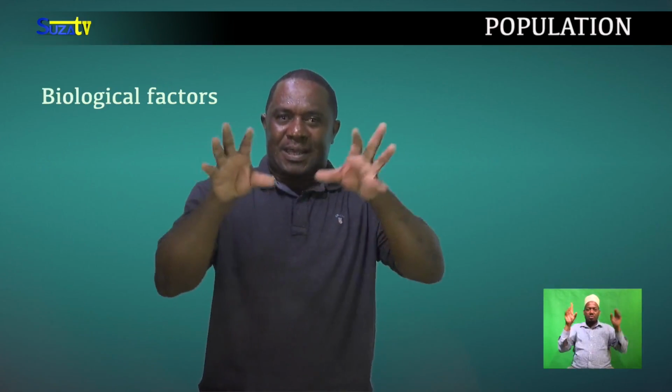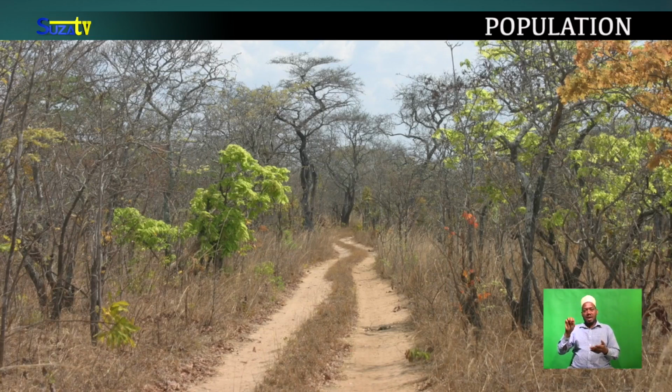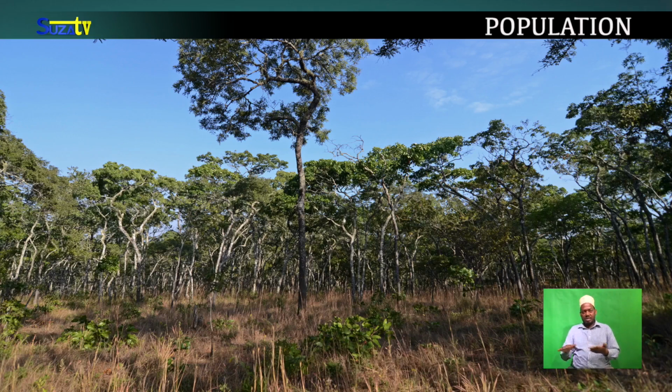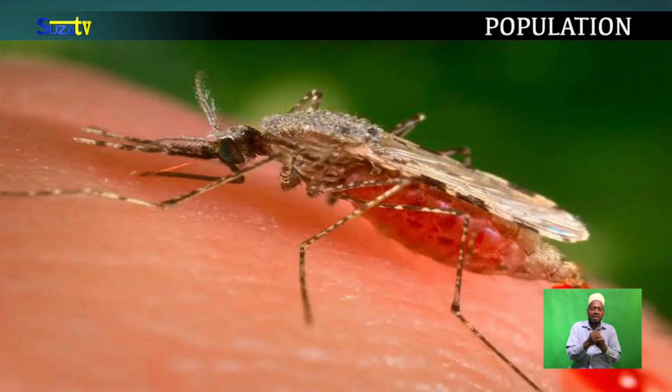And if there is the tsetse fly, it can affect animals and causes a disease such as sleeping sickness in humans. For example, the Miombo woodland of southwestern Tanzania. This area does not attract settlement because people escape the diseases caused by the tsetse fly and mosquitoes. Are we together, my students?